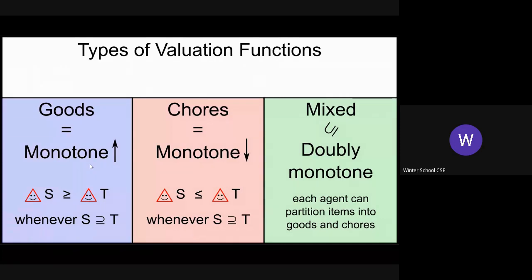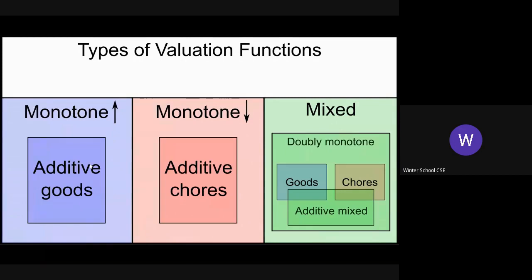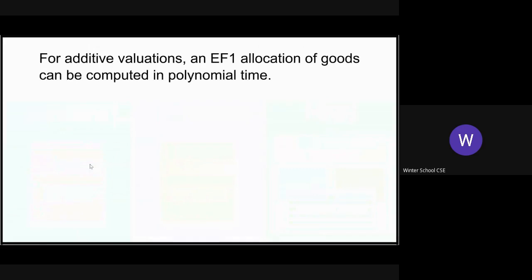Okay, the purely monotone setups. Okay, and this is the Venn diagram that we saw. Okay, so a subset of monotone is additive goods, a subset of monotone chores is additive chores, and likewise for mixed.